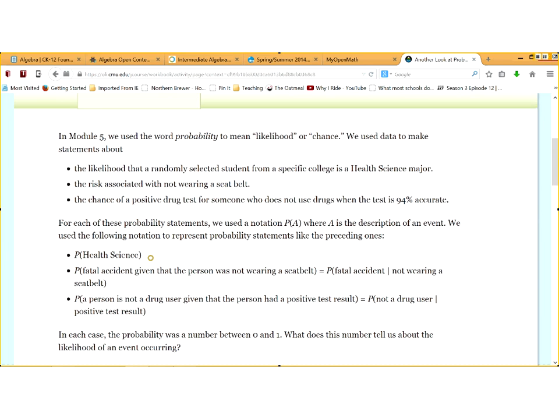Basically, the way I tell students to look at probability, but not the way that a lot of people do intuitively, is that probability is what happens over the long term. So if we say, for example, that the probability of getting heads when you flip a coin is 1/2 or 50%, that means as you flip a coin a large number of times, we expect to see about half come up heads.